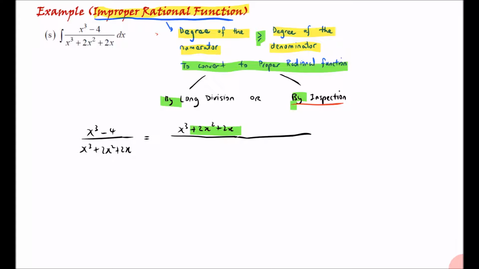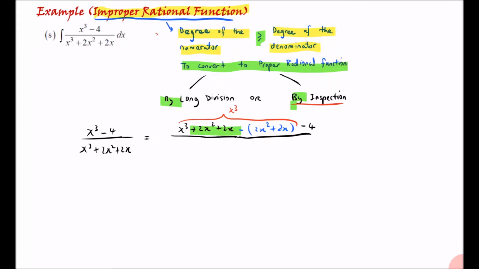In order to retain the validity of the question, we must minus off 2x squared plus 2x in brackets. After minusing, this gives us x cubed. But don't forget the question has a minus 4, so we must minus 4 behind.